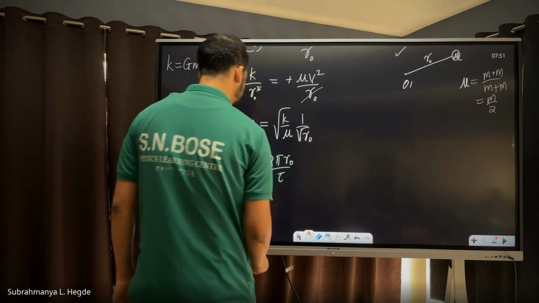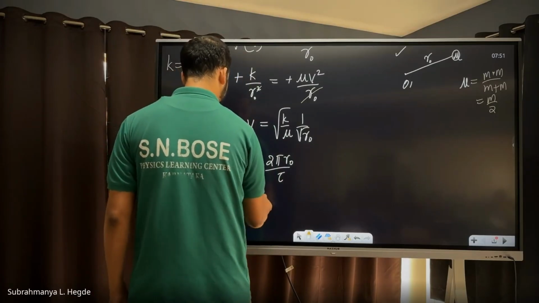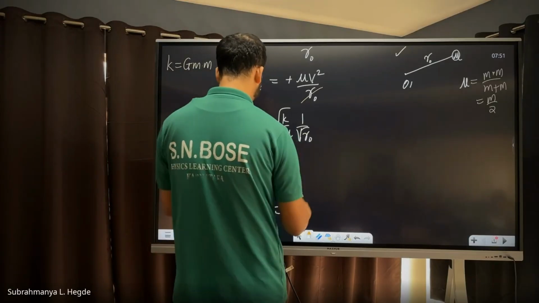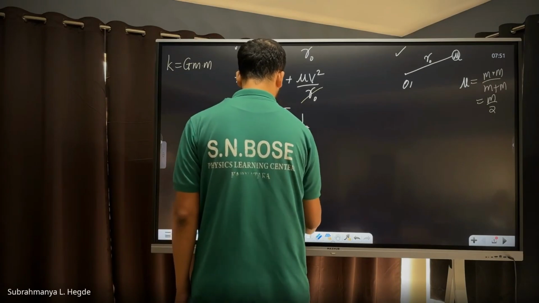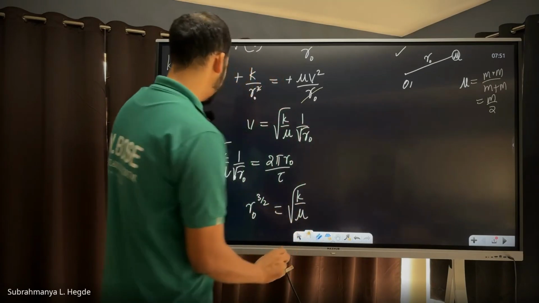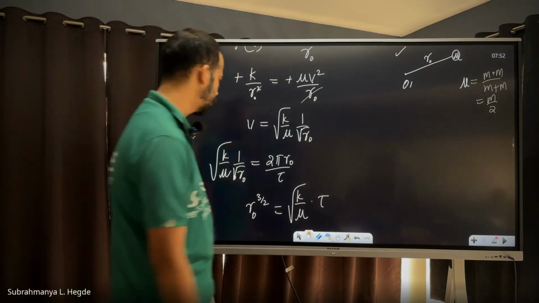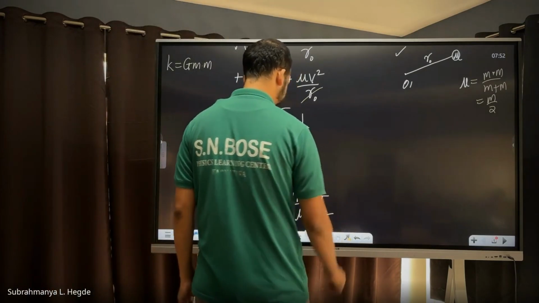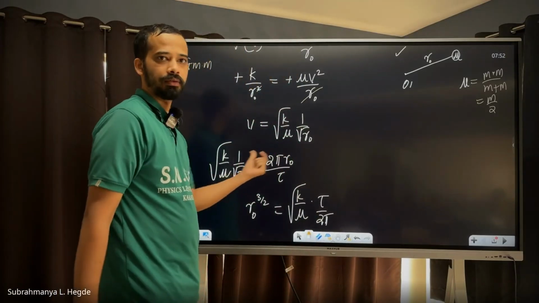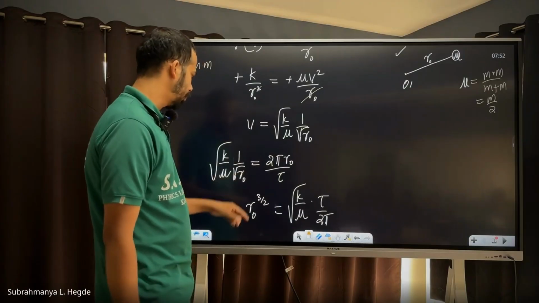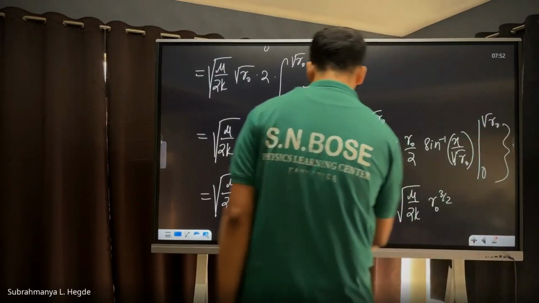So r naught power 3 by 2 is equal to root of k by mu into tau by 2 pi. That I'm going to substitute here.